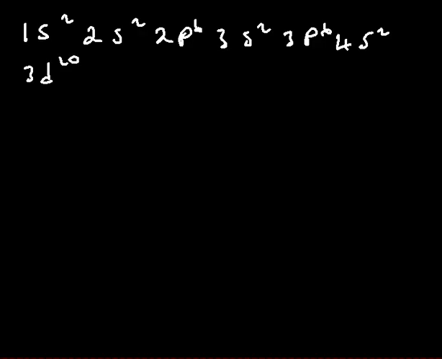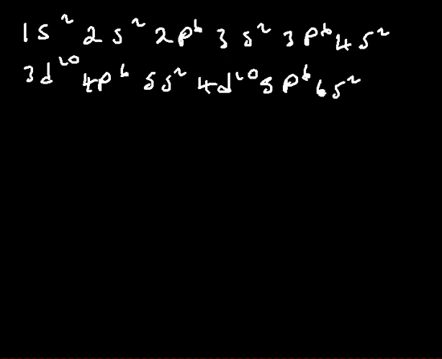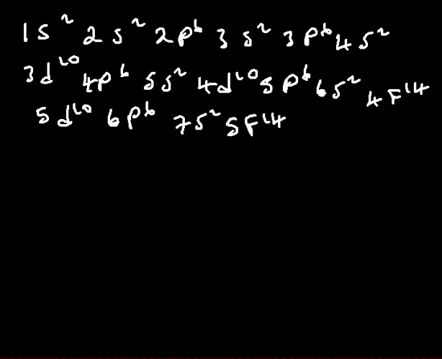We have 3d10, and we also have 4p6, and after 4p6 we have 5s2, and after 5s2 we have 4d10, and after 4d10 we have 5p6, and from there we have 6s2, and we have 4f14, and 5d10, and we have 6p6, and from there we have 7s2, we have 5f14. So that is the order, and we also have 6d10, and that is 7p6.